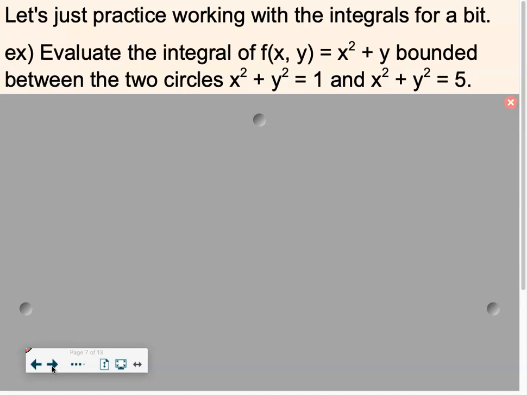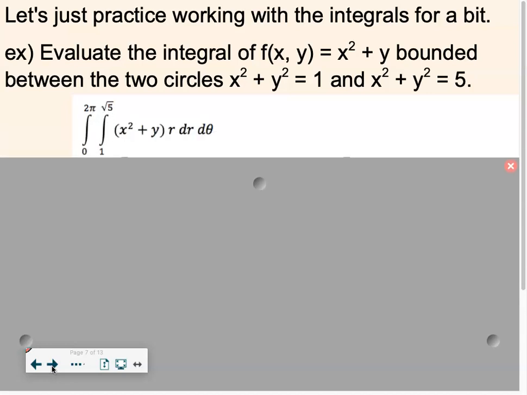So what angle would I have to use to generate the whole thing? 0 to 2 pi. Just go all the way around, right? Okay. So what I've done here is I've got my 0 to 2 pi for my angle, and I've got my 1 to root 5 for my r.